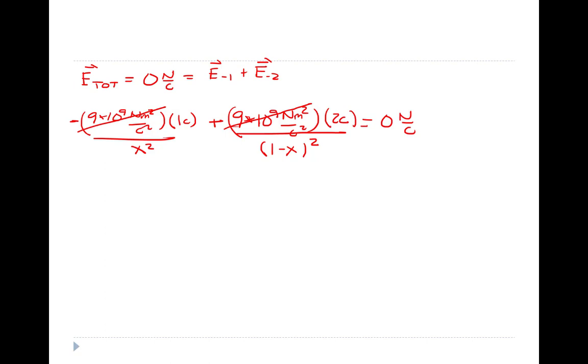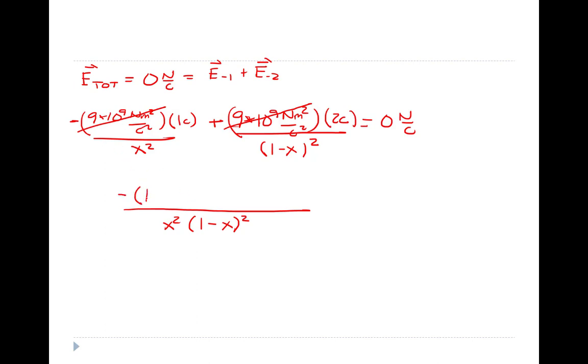It doesn't matter. The next thing I need to do is find a common denominator. So my common denominator is going to be x squared times (1 minus x) squared. When I put everything over the common denominator, I need to multiply the first term by (1 minus x) squared.